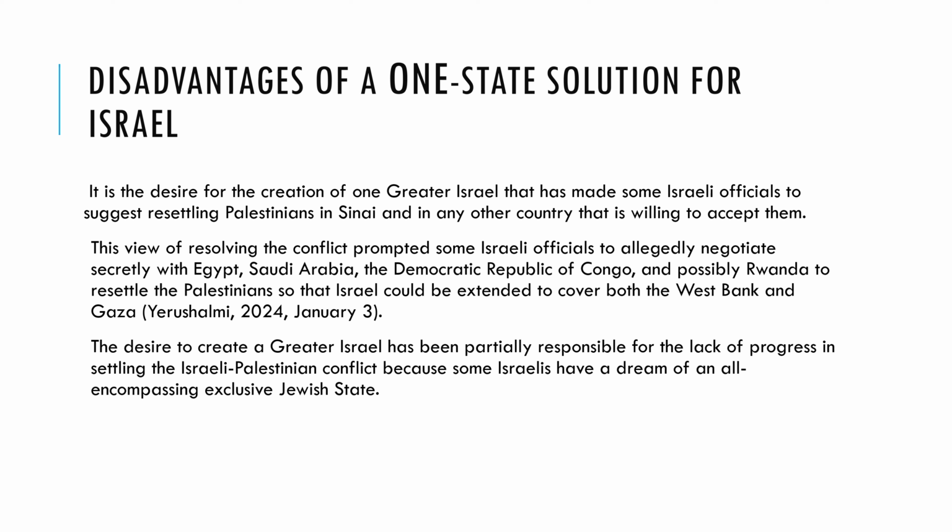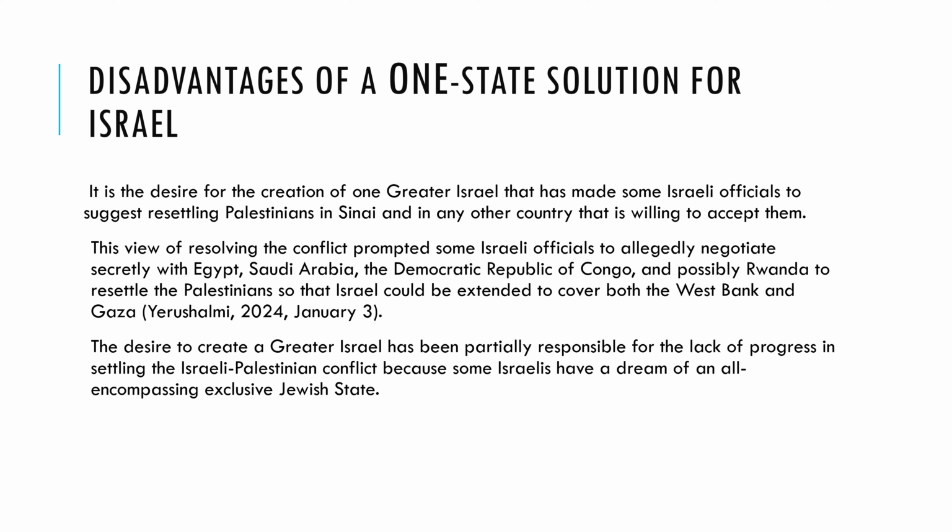This view of resolving the conflict prompted some Israeli officials to allegedly negotiate secretly with Egypt, Saudi Arabia, the Democratic Republic of the Congo, and possibly Rwanda to resettle the Palestinians so that Israel could be extended to cover both the West Bank and Gaza Strip.